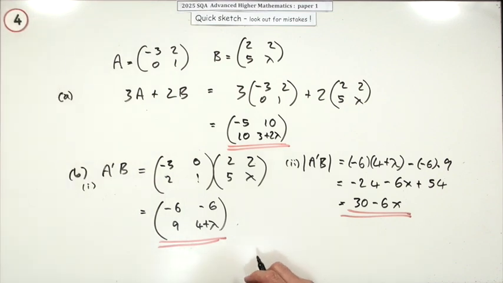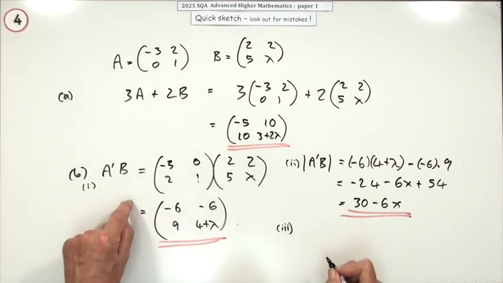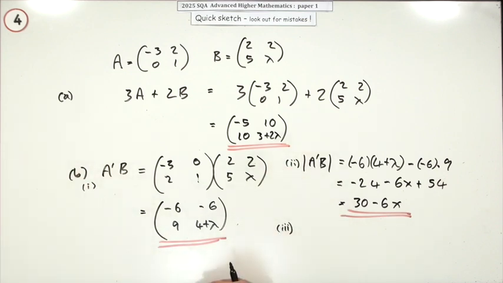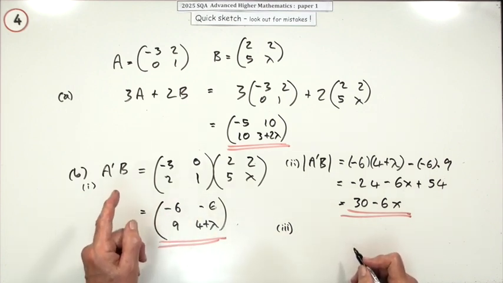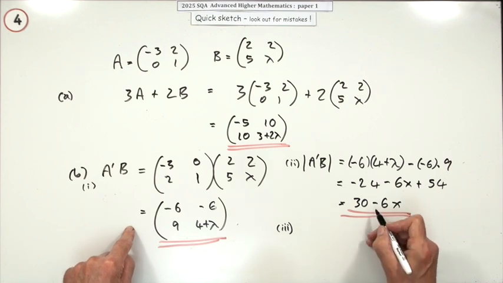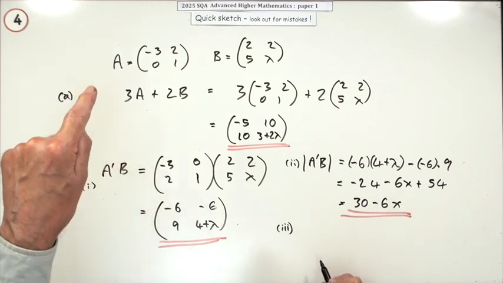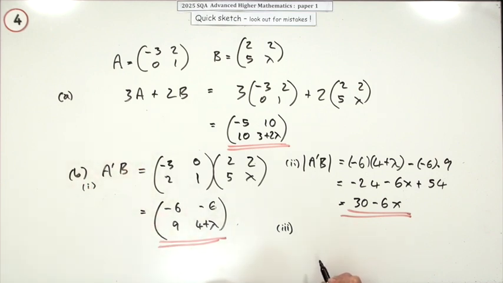And lastly, determine the value of lambda such that this matrix, transpose of A times B, is singular. So part 3. Now singular means it doesn't have a wee partner. It doesn't have an inverse. It's on its own. You can't find the inverse because the determinant is 0, because involved in finding the inverse you've got to do 1 over the determinant.